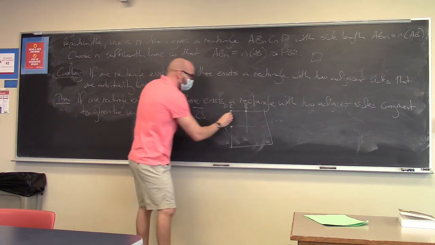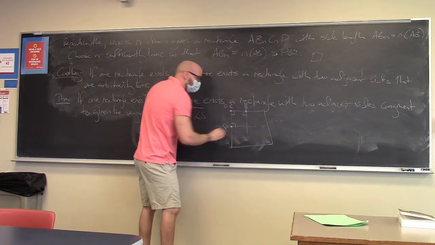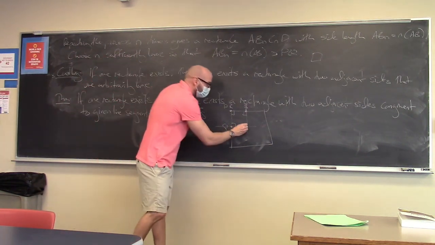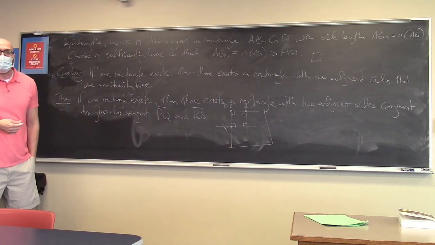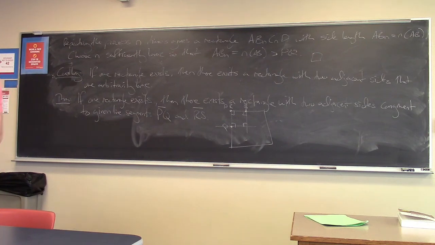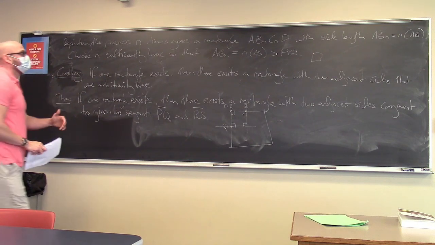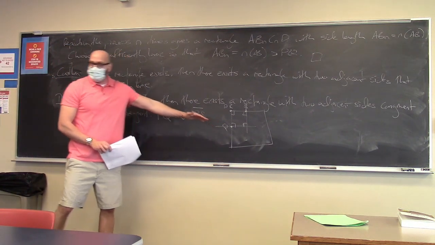Then you just have to show that three of the angles are right angles, and that this one also is a right angle. And then you've constructed such a rectangle. The details are given in the text if you want to take a look at it, but I won't go through that.